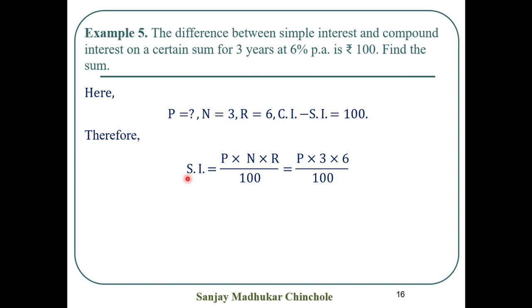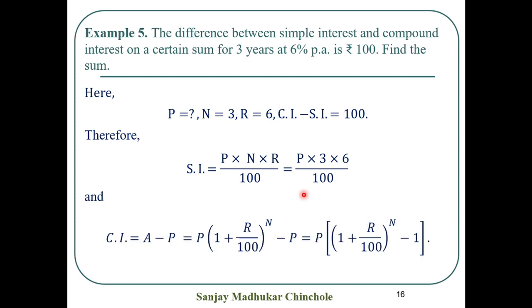As we have the formula for simple interest as P into N into R upon 100, simple interest will be P, which is unknown, keep as it is, into N equal to 3, R equal to 6 divided by 100.